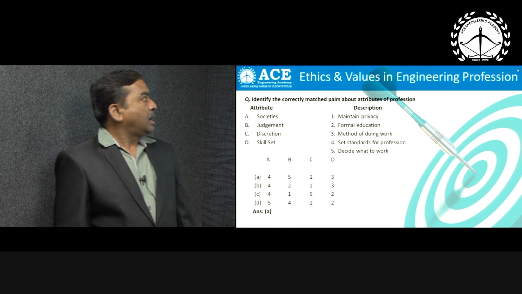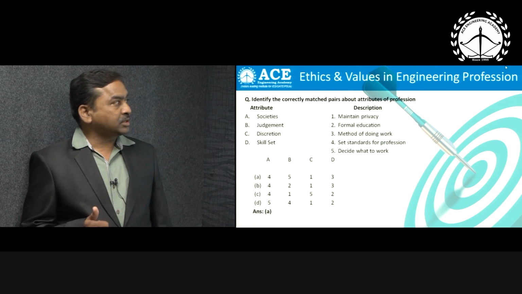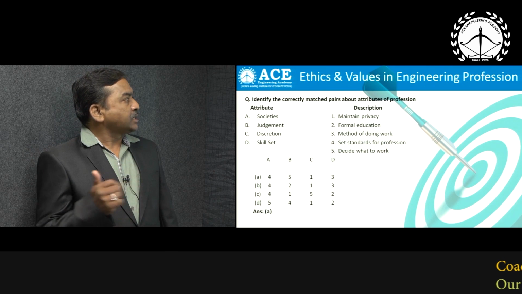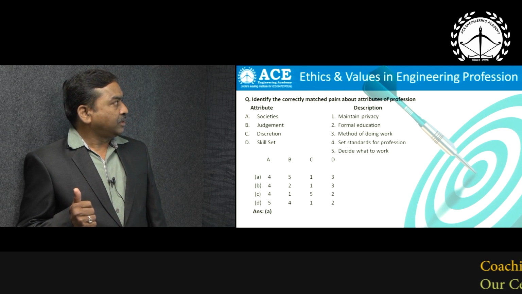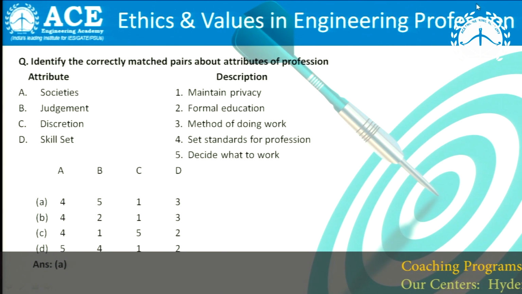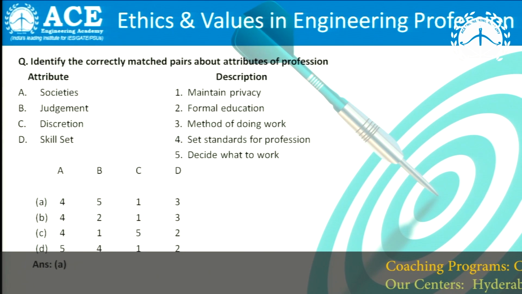On one side you have attributes, on the second side descriptions. A, societies, we will try to match with the societies. Societies set standards for the profession. A4. When we look at A4, one choice is eliminated, D is eliminated.